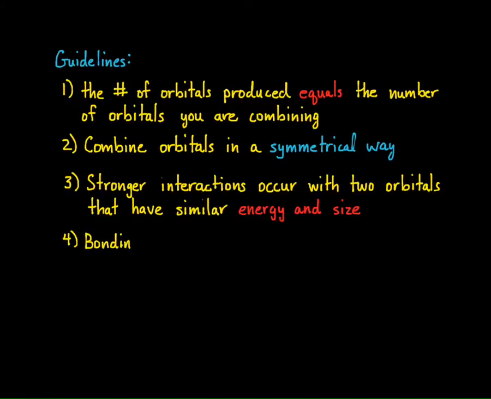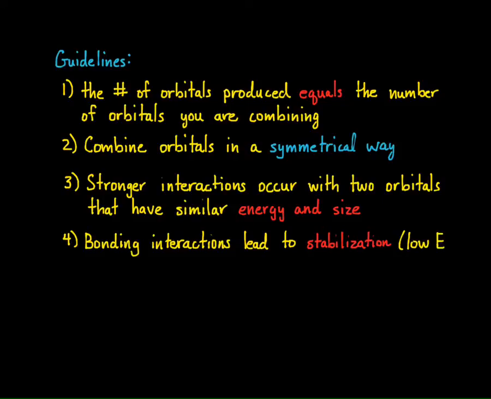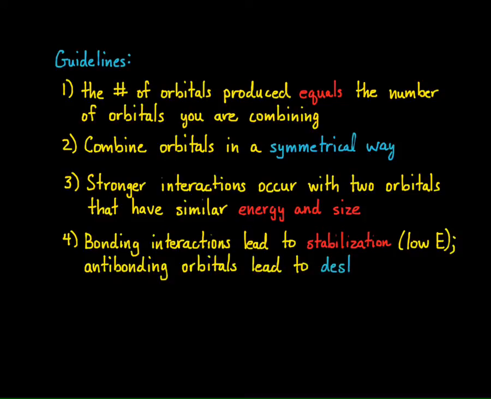The fourth guideline is that bonding interactions lead to a stabilization. So this means a lower energy, right? It's more stable, energy is released, and that antibonding orbitals lead to destabilization. So when we form bonding orbitals, we stabilize. When we form antibonding orbitals, we destabilize.